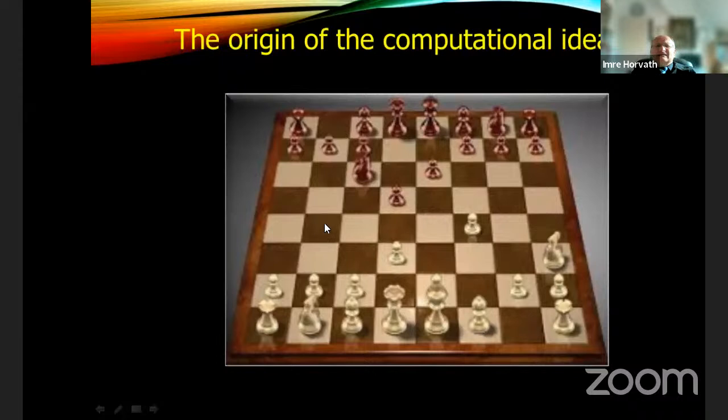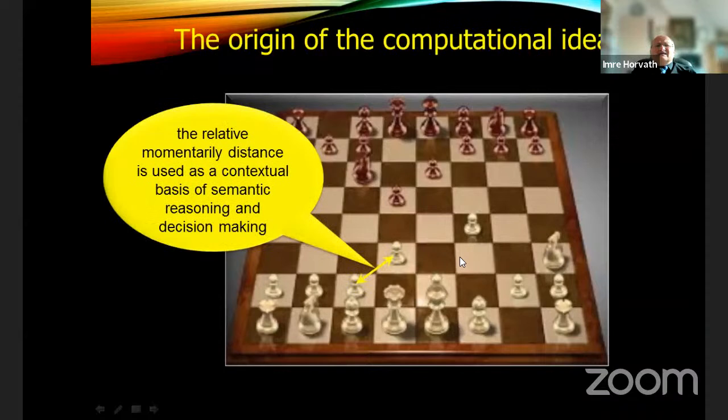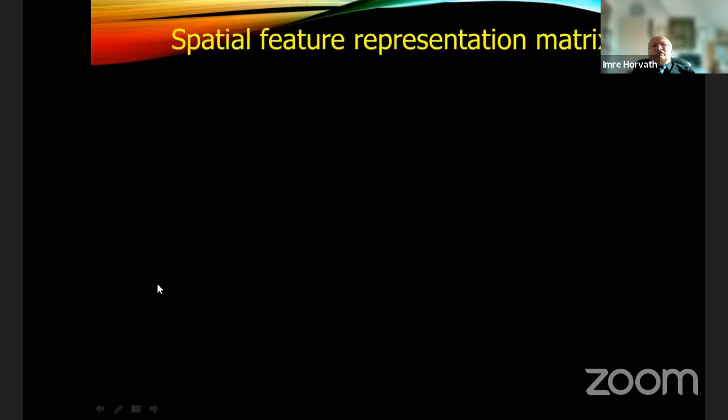If something is standing here, depending on what that particular entity is, you can forecast a lot of alternative strategies or alternative moves. This is how it was recognized by us, and this is the fundamental principle of developing our strategy. So the relative momentary distance was used as a contextual basis of semantic reasoning and decision making in our prototype system.